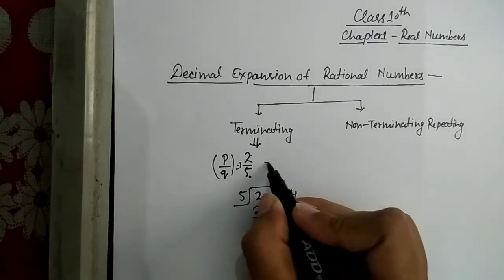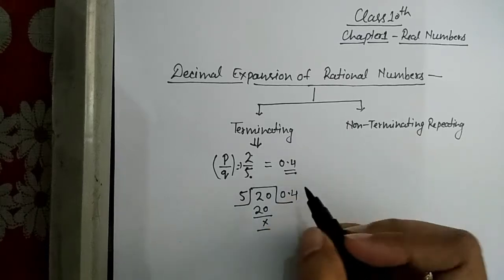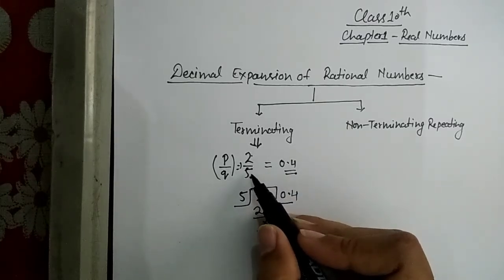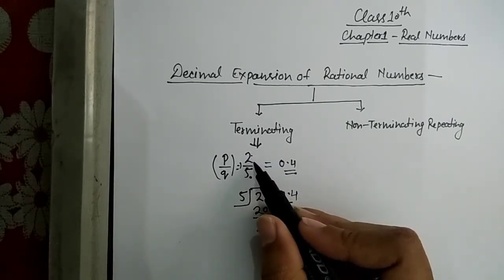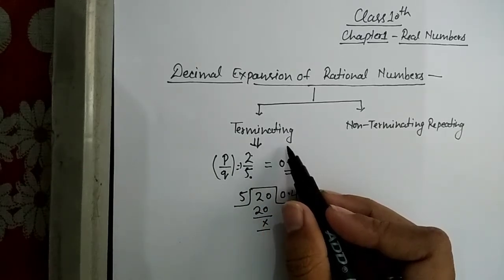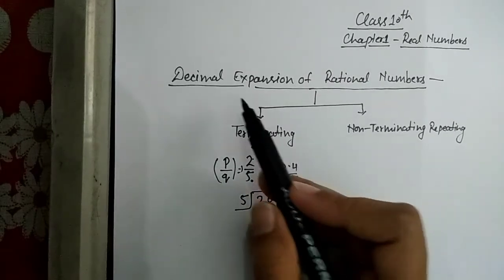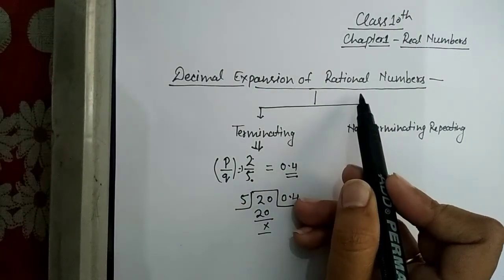This is completely divisible and we got 0.4. If we can completely divide p by q, then this is a terminating expansion. This is the terminating decimal expansion of a rational number.